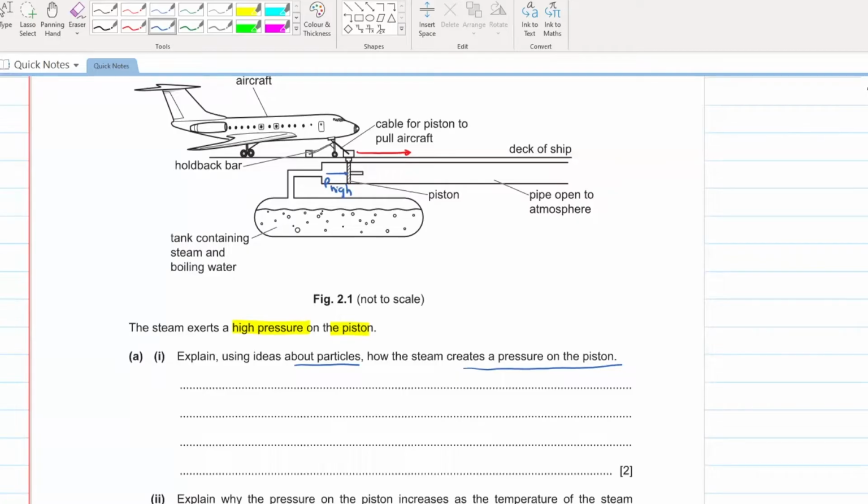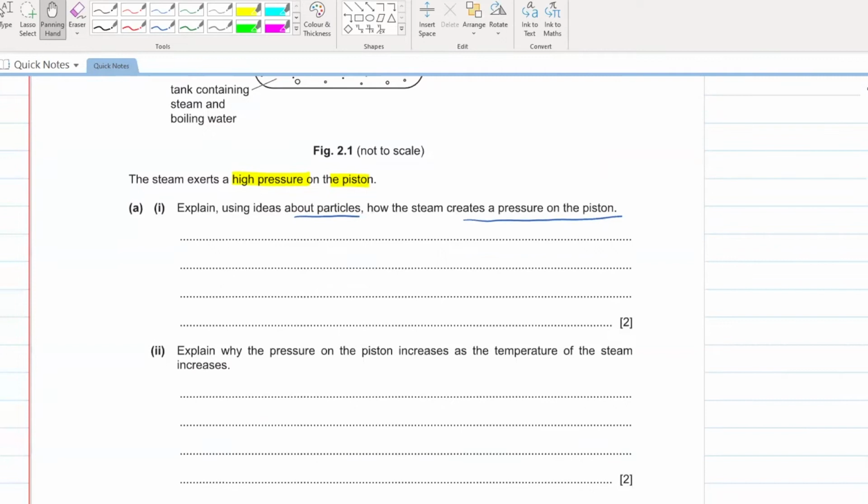Yup, very good. Anyone else who attended the previous class? I repeat the question. You must remember. How does steam create a pressure? Particles hit the walls of the container.